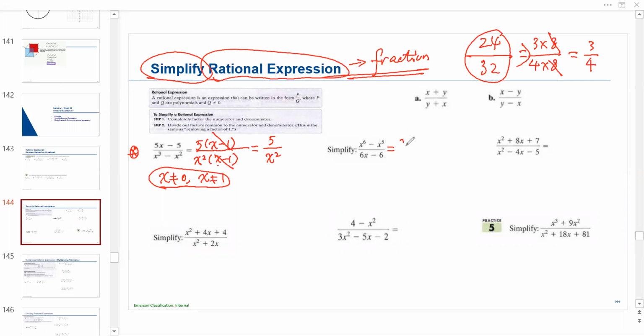Like this one. For this expression, the numerator part, you can factor it like this. And for the denominator, you can take 6 out, x minus 1. Keep in mind, x not equal 1 first, to make sure this expression makes sense. And then you can simplify them.